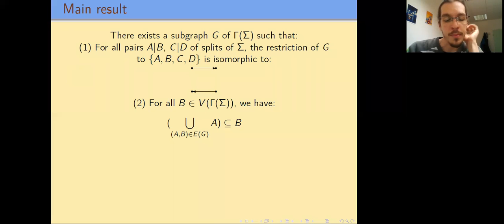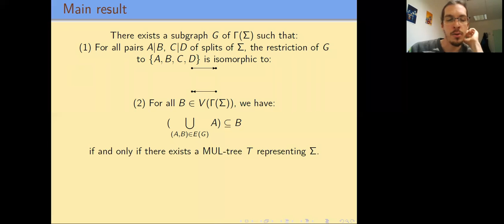And they are enough to guarantee that you can find a tree representing your split system. So that's actually a characterization: if there exists a subgraph of your containment graph satisfying one and two, then there exists a MUL-tree representing your split system, and the other way around.